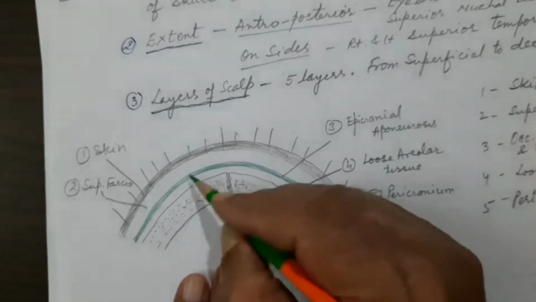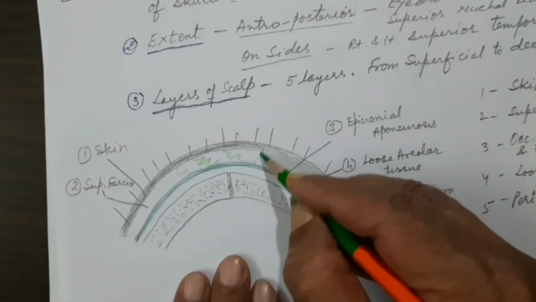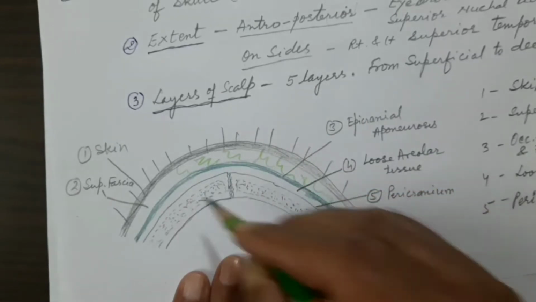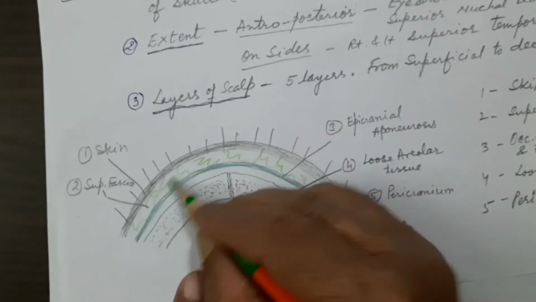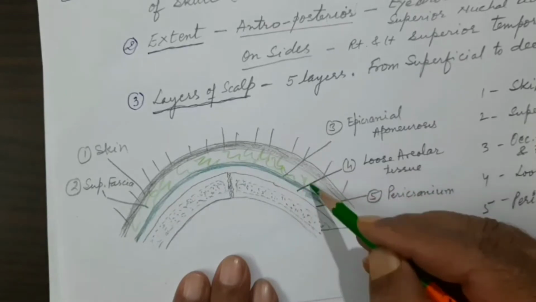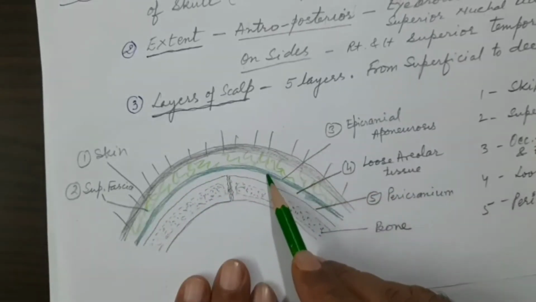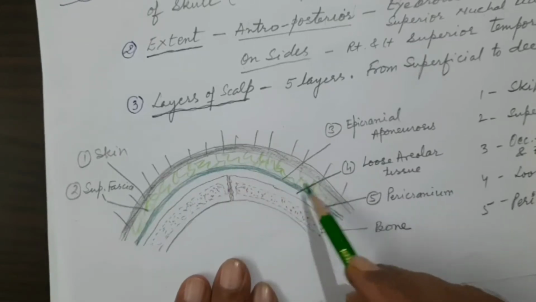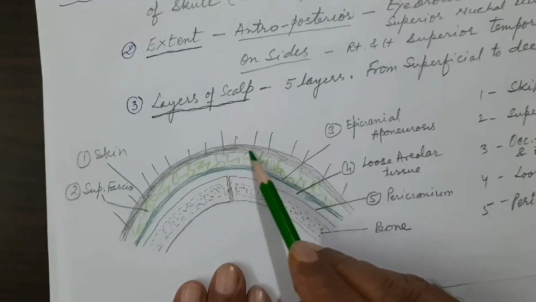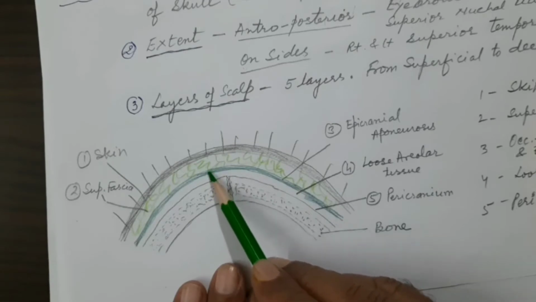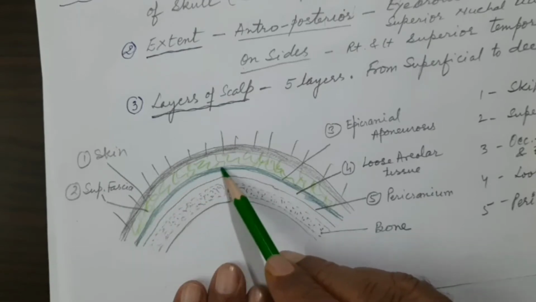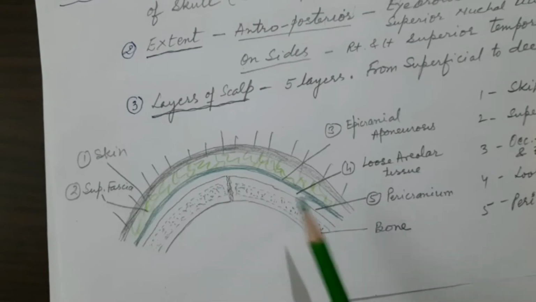This layer consists of dense fibrous bands extending between the under surface of the skin and the superficial surface of the third layer, the epicranial aponeurosis. That means the under surface of the skin is connected with the epicranial aponeurosis by these fibrous strands and cannot be separated. It is firmly attached.